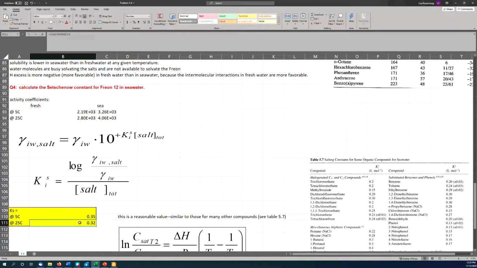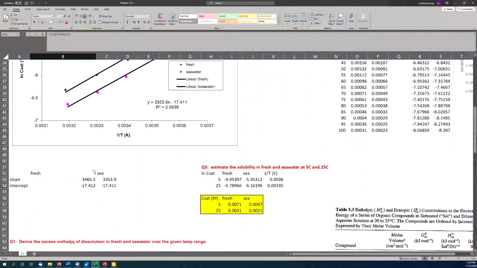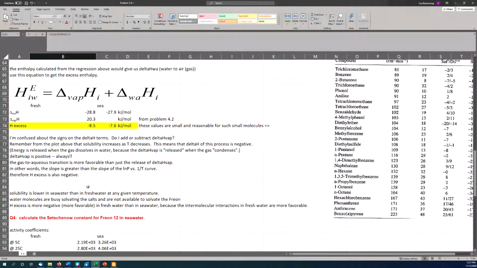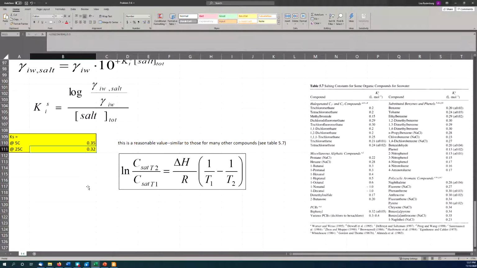So pretty close. One thing you should notice here is that our R squareds are still pretty good, 0.99, 0.99, but there's a little bit of variability in the data points. Here, if we took the Setschenow constant, we might get a slightly different value than over here. But that's mostly just random variability. It's not really very meaningful. There's no discernible trend here. So this is just natural variability.